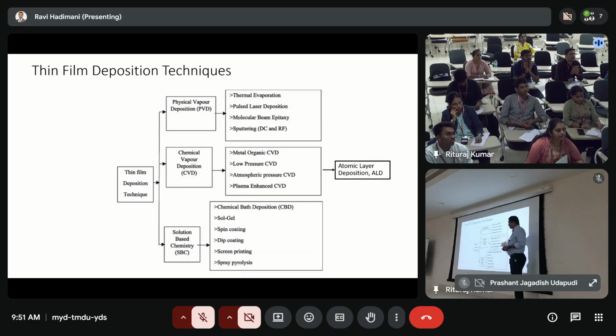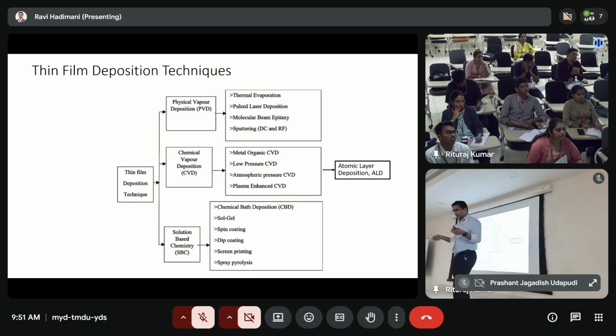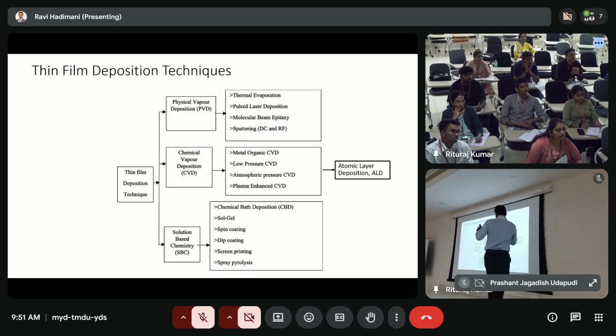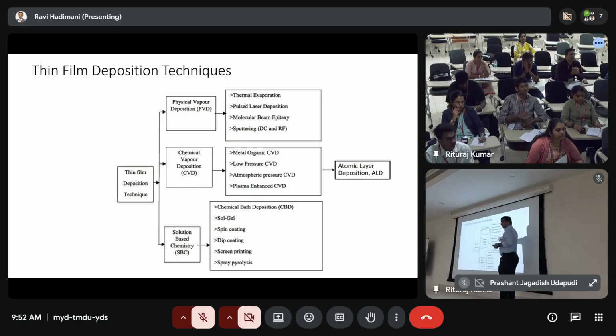Whereas here you use chemical vapor deposition. Here in a high vacuum environment, you bring in two solutions or two gases, mixed together, and form a material.